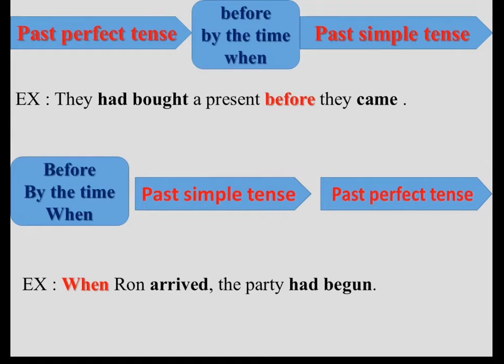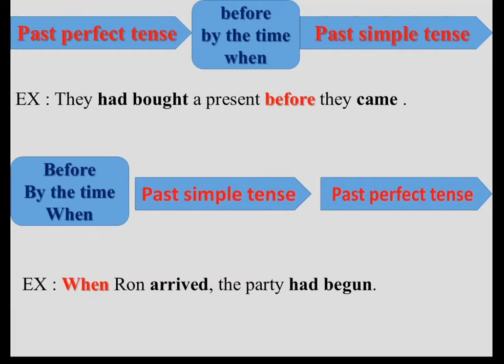So, if we use before, by the time, and when, okay, you will use them like this. Past perfect tense, before, by the time, when, and past simple tense. As I said, a beautiful song which is after had, before had.